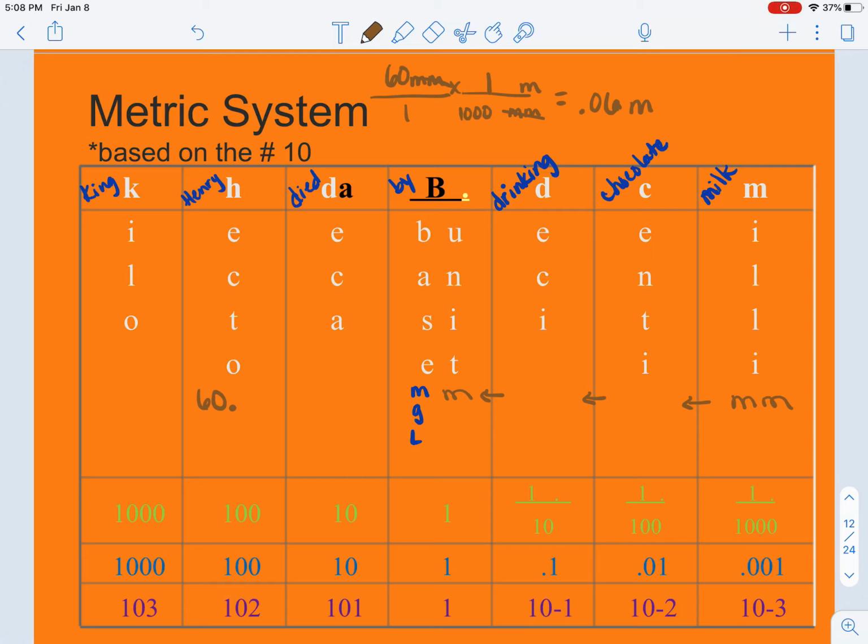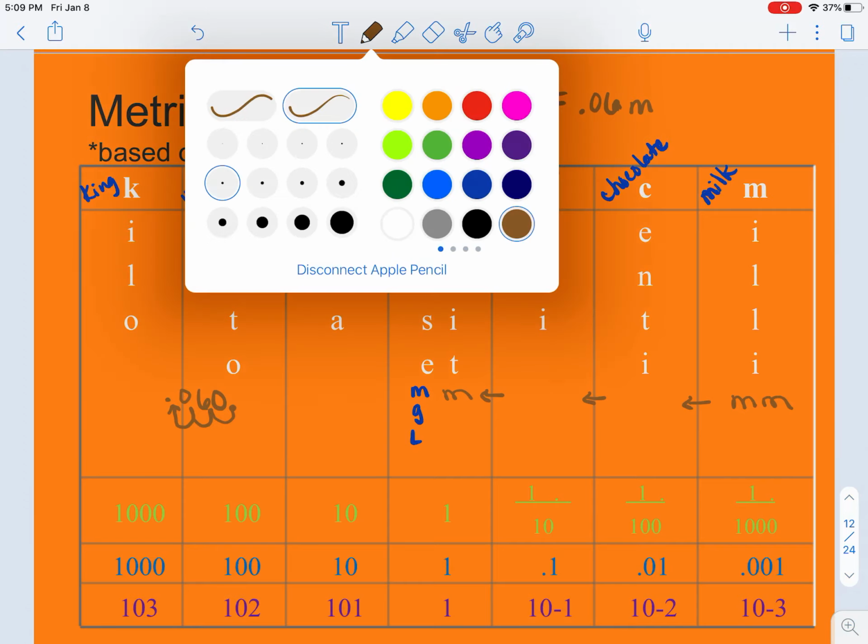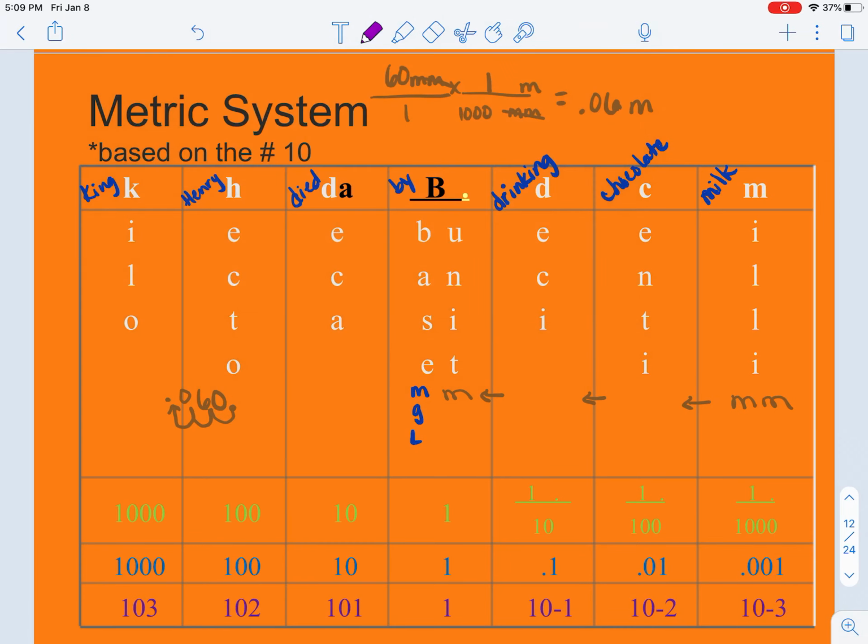So since I moved 3 columns to the left on the chart, I'm going to take my decimal and I'm going to move it 3 place values to the left. Any empty spots here, I would just fill in with a 0. So when I look at this, I have 0.06, and that would be in meters, or 0.060 meters, okay?